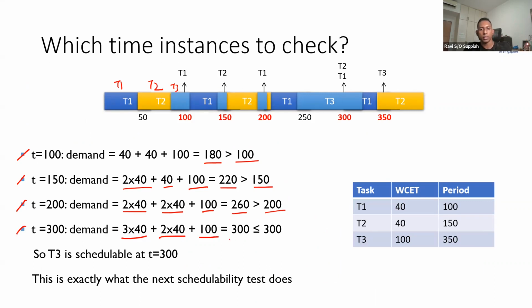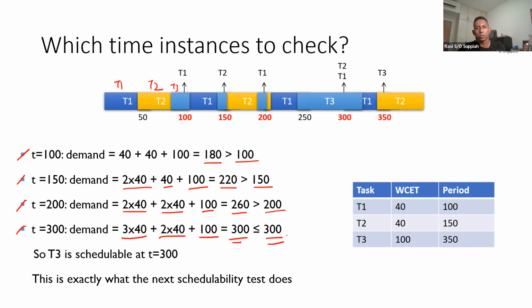And that adds up to 300, and the total amount of time is also 300. So you can see that when I check at more points, I will actually come to realize that at time t goes to 300, I'm actually able to schedule all the 3 tasks without any issue.